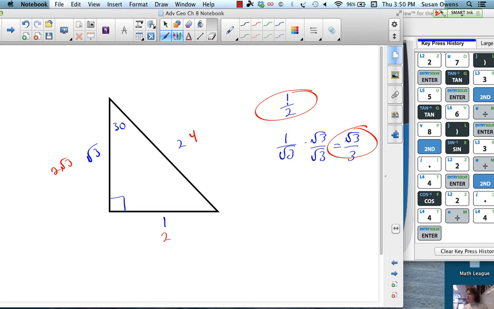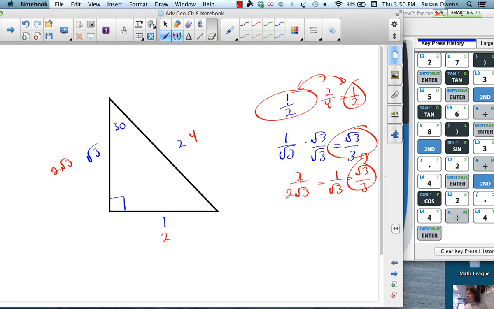The ratio of the short side to the hypotenuse is still 2 over 4, which is 1/2. And the ratio of the short side to the long side is still 2 over 2 root 3, which simplifies to 1 over root 3, which is what we just found, root 3 over 3. And so you notice that we get the same ratio.